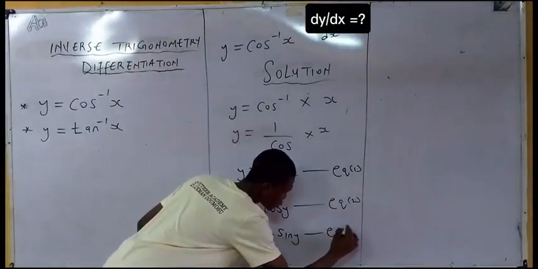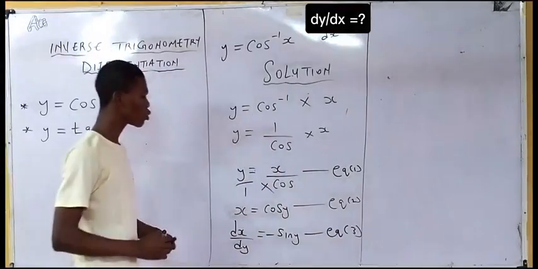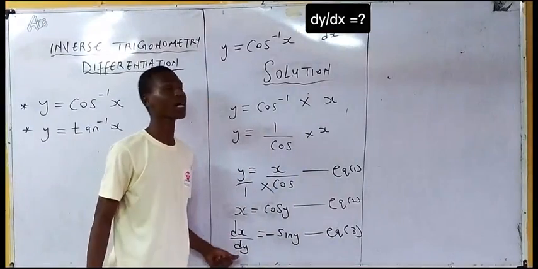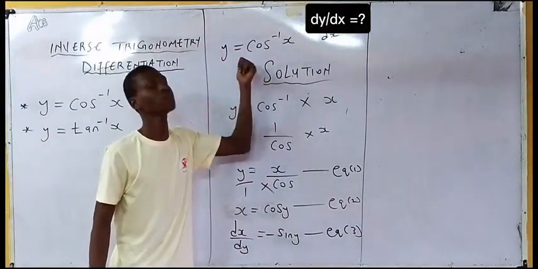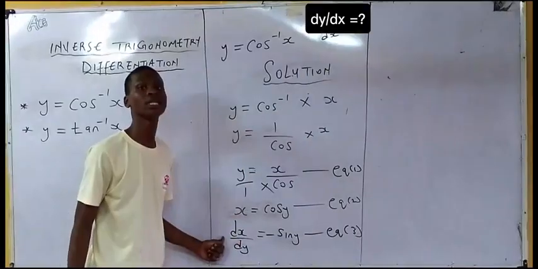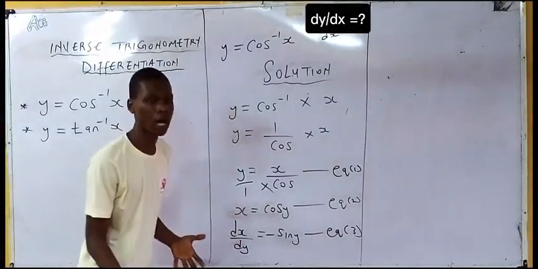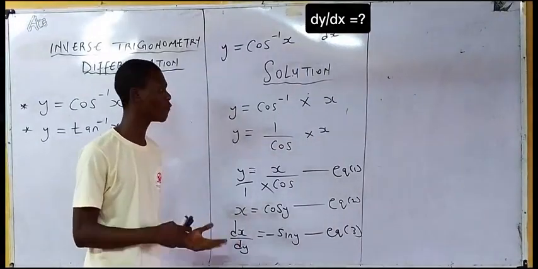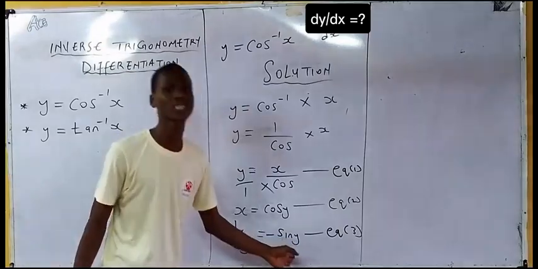Call this equation 3. From equation 3, we solve for dx over dy. But the question says find the derivative of this function, that is dy over dx. Then how do you get dy over dx? Since I already know dx over dy, to get dy over dx, we can simply take the reciprocal of the left hand side and the right hand side.